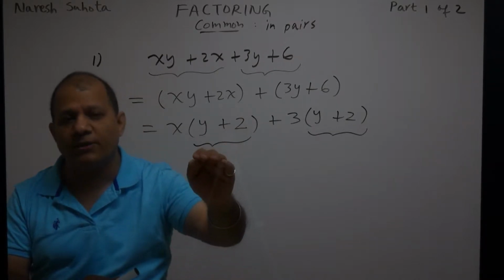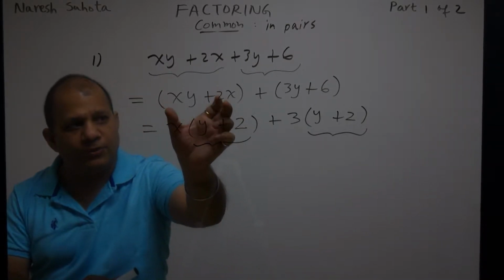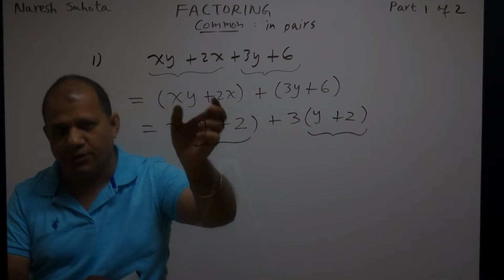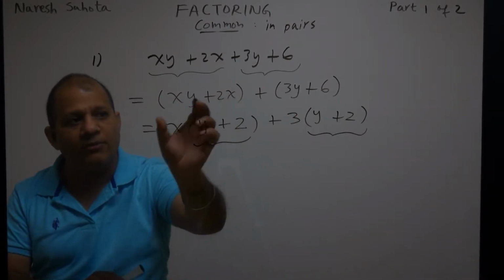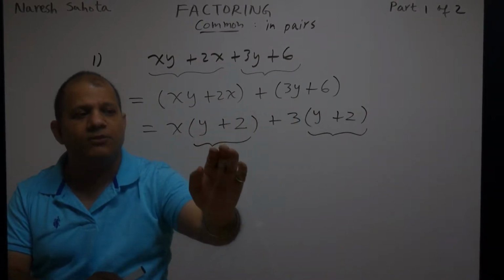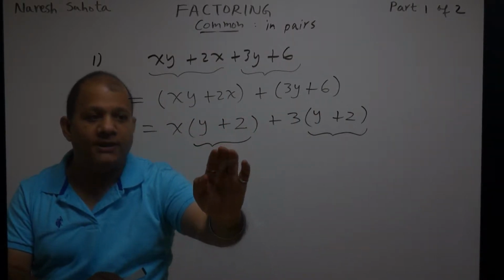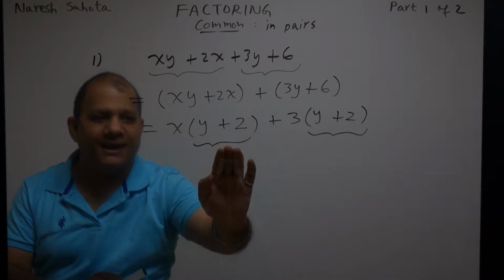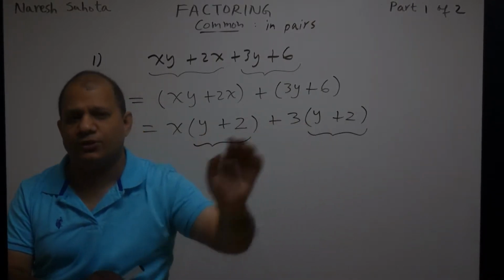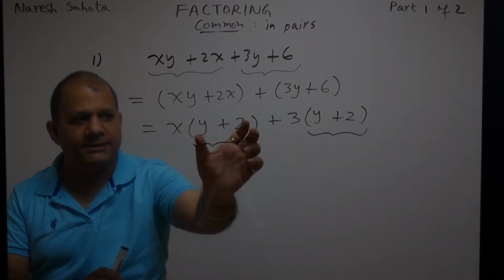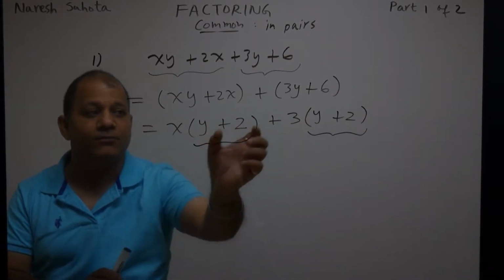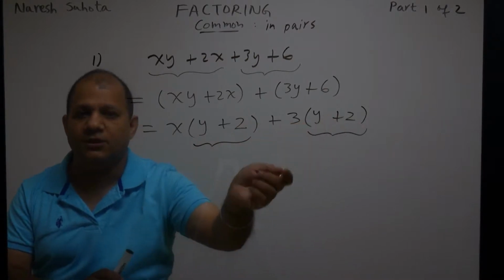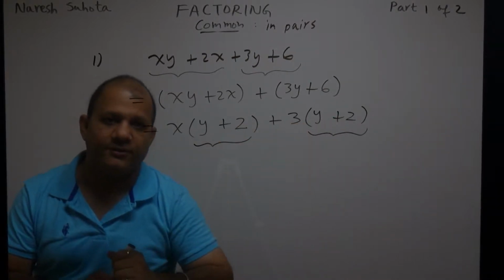This is what I'm hoping for: however I group, whether the first two and the last two, or the first and third and the second and fourth, when I common factor each bracket, I hope to end up with an identical bracket in both terms. In this case my bracket y plus 2 is common, so now I can pull y plus 2 out as a common factor and factor further.